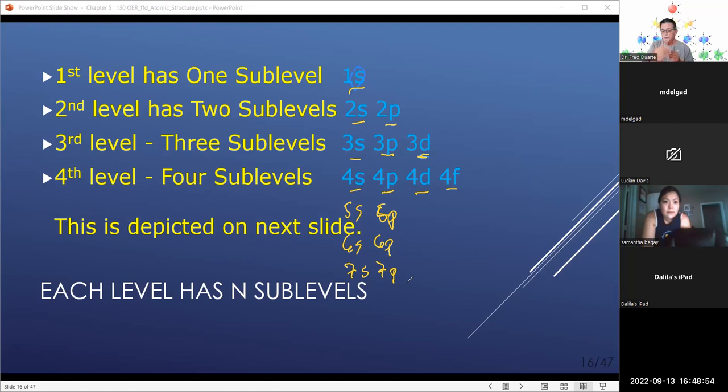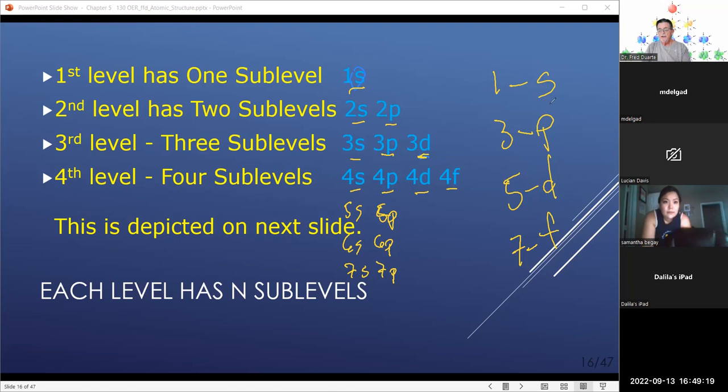What is additional information is that there's only 1 S type of orbit. There are 3 P orbits, there are 5 D orbitals, and guess what? There are 7 F orbitals.